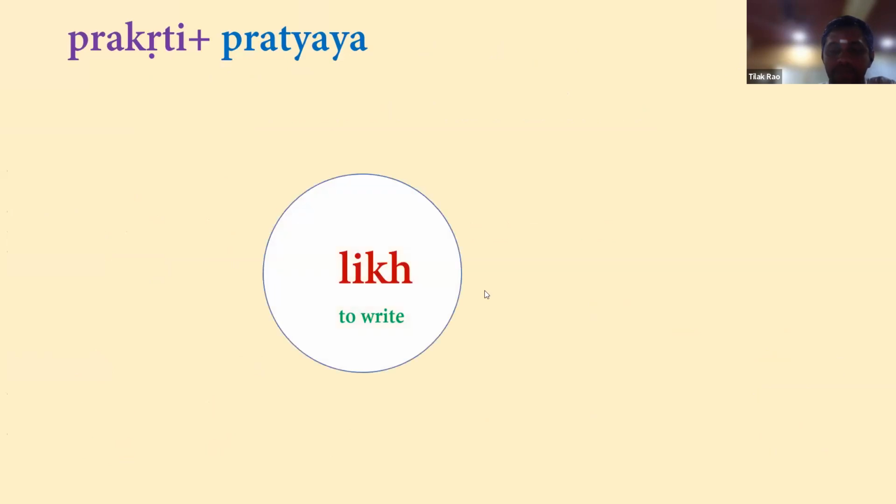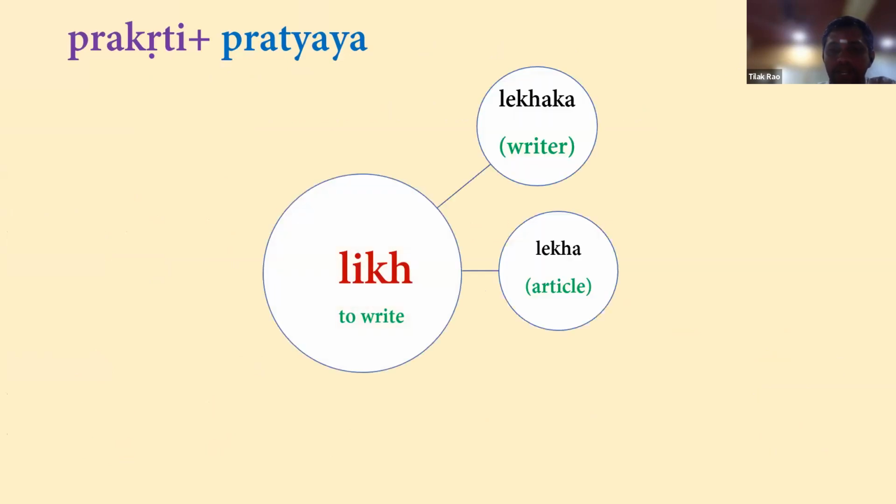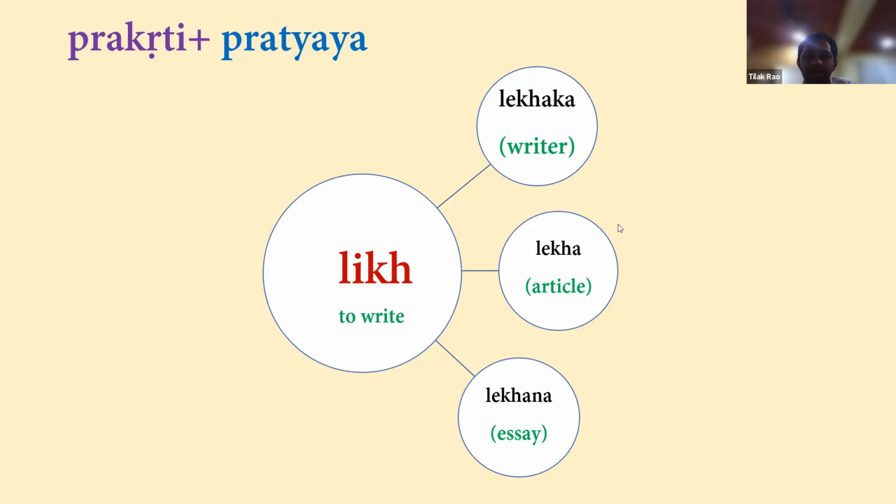Again, if you take the example likh, lekhaka, lekha, lekhana. By adding some pratyaya to likh, we get these different forms. So lekhaka, lekha, lekhana are combinations of the likh prakriti and different pratyayas.